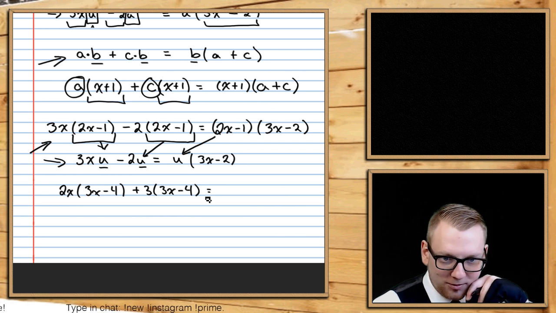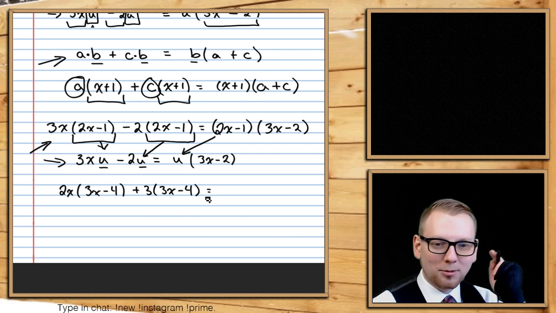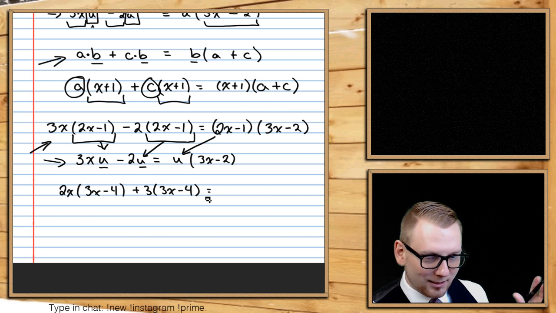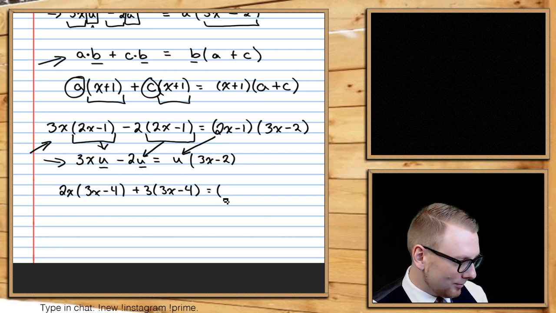Three x minus 4 and 2x plus 3. You got it. That's exactly it. 3x minus 4 and 2x plus 3.